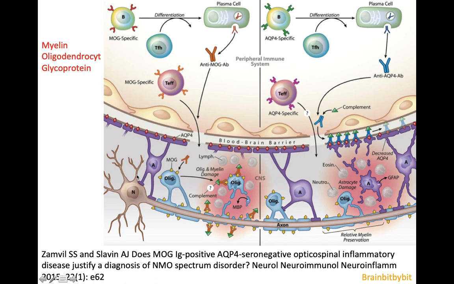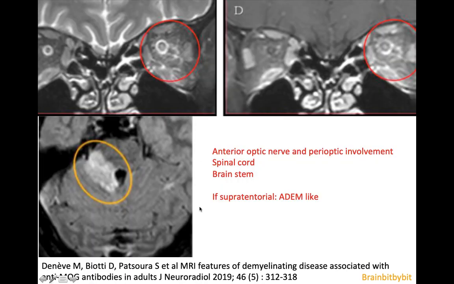So you get a different type of inflammation. And in the anti-MOG variant, there's more anterior optic nerve involvement, and if it's supratentorial, it gives an image like acute disseminated encephalomyelitis.